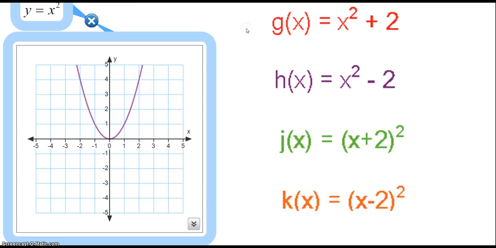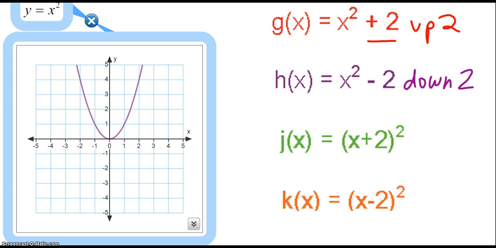So what we have here is a parent graph, y equals x squared. And what we want to do is see what would happen if I changed things here. So, let me get my pen. If I were to add 2, this is a k, so this would move up 2 places. If I were to subtract 2 on the k, I would actually go down 2.